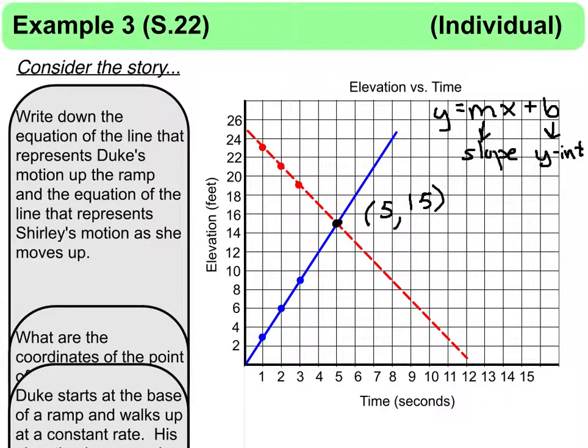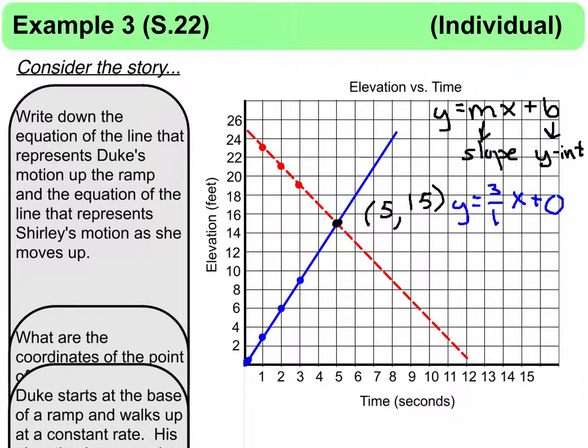So if we wanted to illustrate Duke, we know that Duke started down here at 0. So his y-intercept would be 0. And it stated in the story that he was going up 3 feet every single second. And so that would be our slope, 3 over 1, and then x, and then we'll put a plus back here.